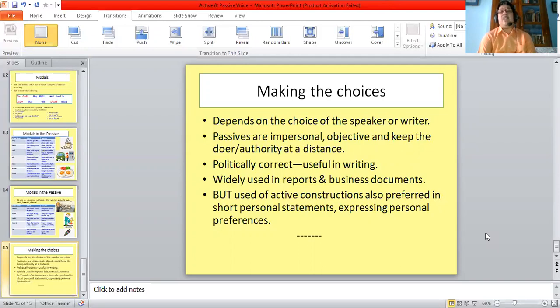So there is a question of tone after all. If I write in the logbook or the report entirely that this was done by this person, this was done by another person, it becomes very monotonous after some time, though it is official sounding enough.